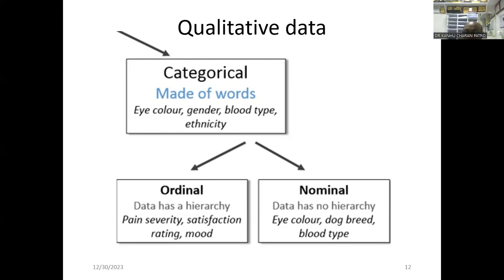Maybe only directly names, like eye color, such as black, blue, dog breed, blood type, group A, group B. These are the various nominal data.